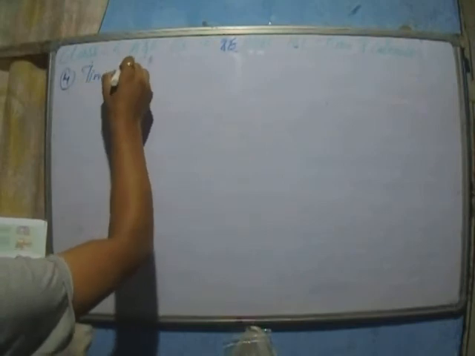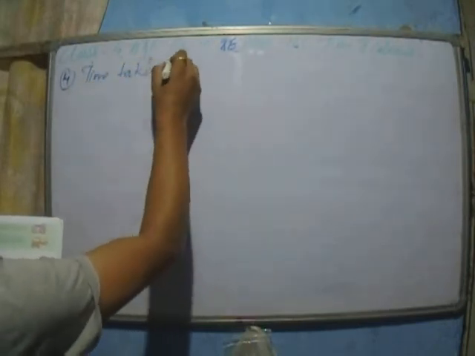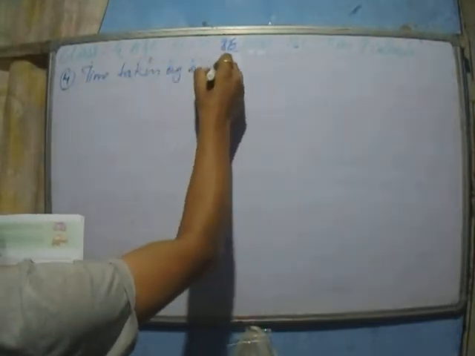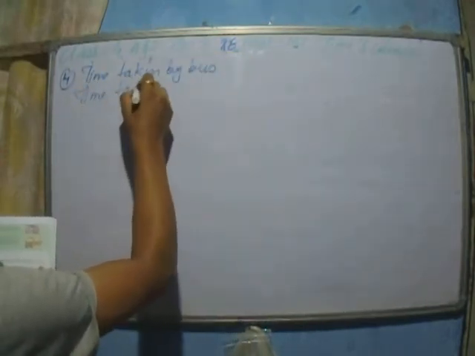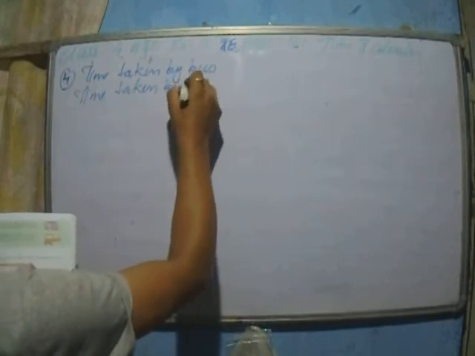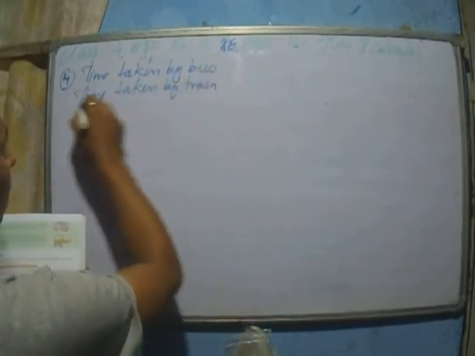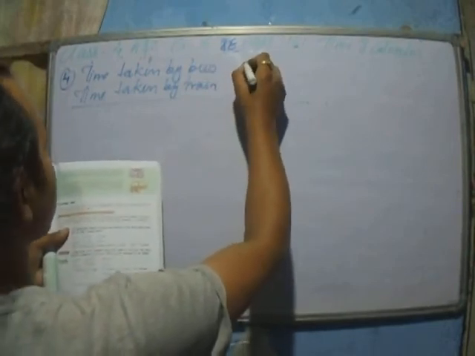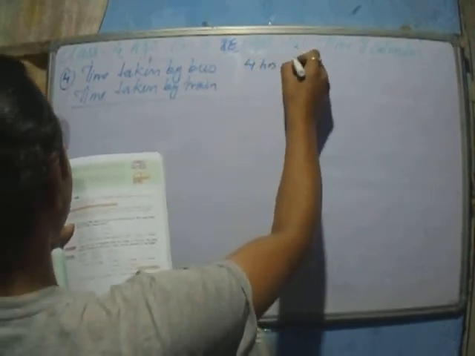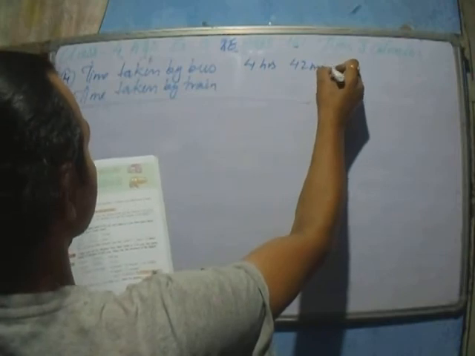So time taken by bus than time taken by train. So here we need to subtract. Okay. So here 4 hours then 42 minutes.